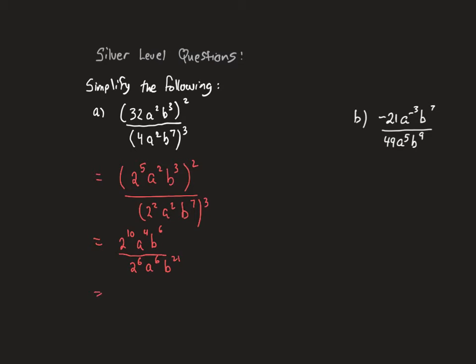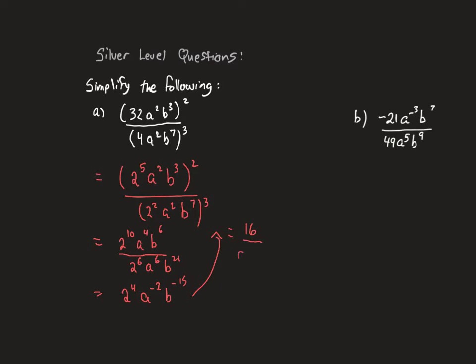Apply the next rules. 10 minus 6 is 4, so it's going to be 2 to the power of 4. A to the power of negative 2. B to the power of negative 15. So my final answer would be, well, 2 to the power of 4. 2 times 2 times 2 times 2 is 16.